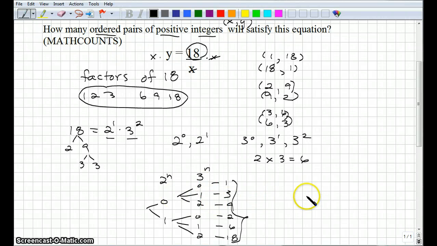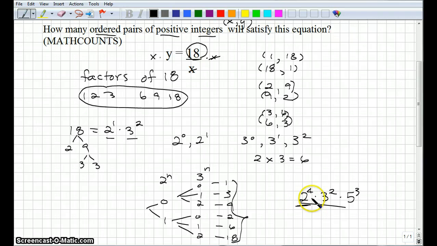I'm not going to calculate this out, but what if we had a number like 2 to the 4th times 3 squared times 5 to the 3rd? I don't know what that number is, but how would we figure out how many factors it would have? Well, we'd have 5 choices for the exponent on 2, right?